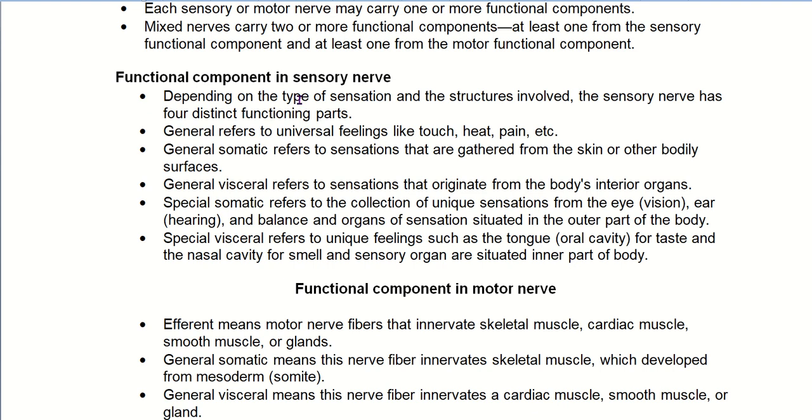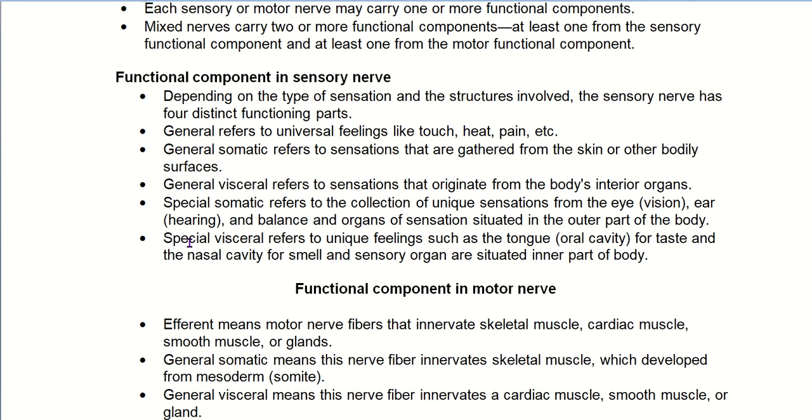So in sensory nerves, general means general sensation. In sensory nerve, general somatic means the general sensation arises from the surface of the body or from the skin. General visceral means sensory information that comes from the internal part of the body.